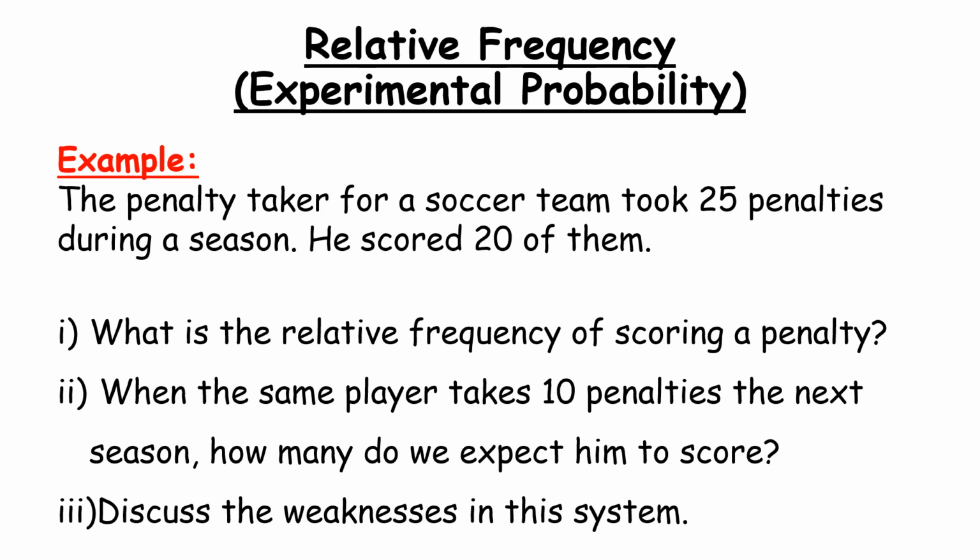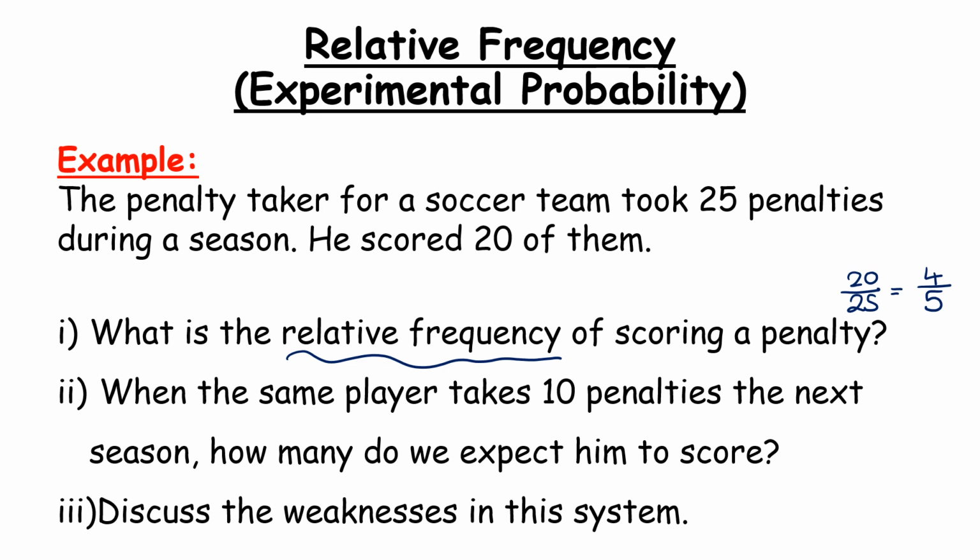What's the relative frequency of scoring a penalty? What we're being asked is, based on what's happened in the past, what is the probability that he will score a penalty in the future? That's what we mean by relative frequency. He got 20 out of 25, which simplifies down to 4 over 5.